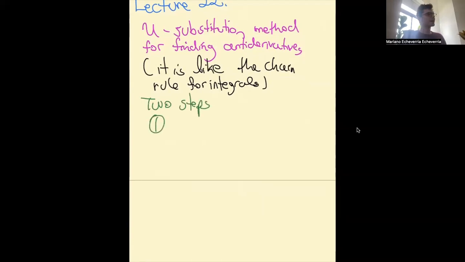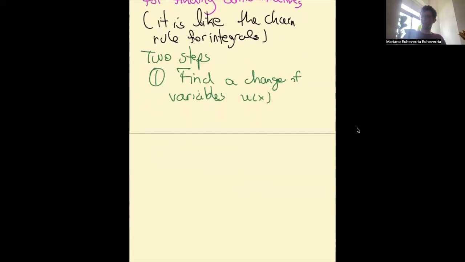The first one is to find the change of variables u of x that hopefully will make the stuff that appears inside the integral look easier or more recognizable.